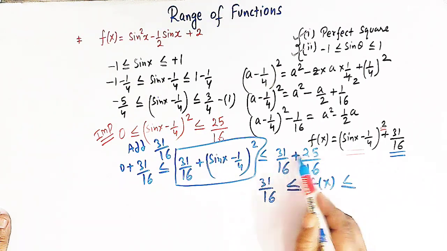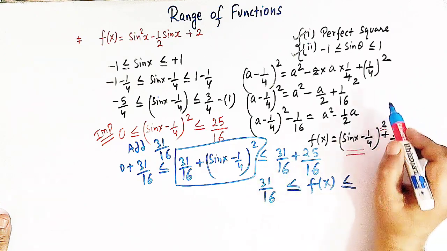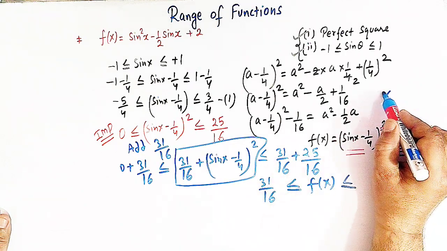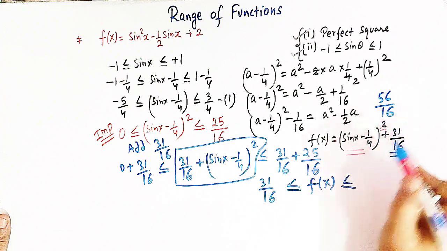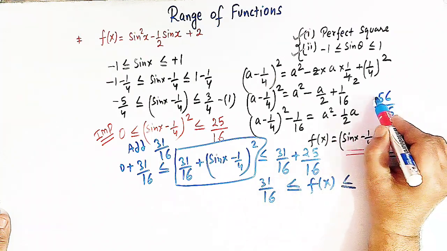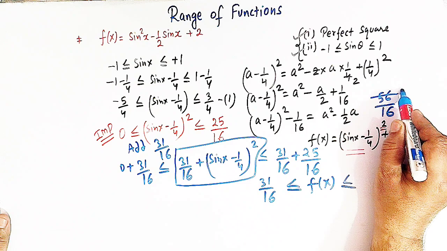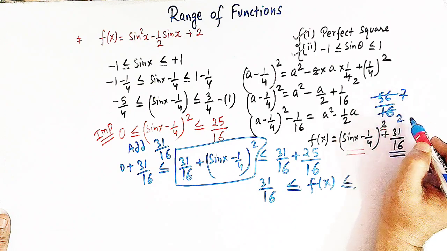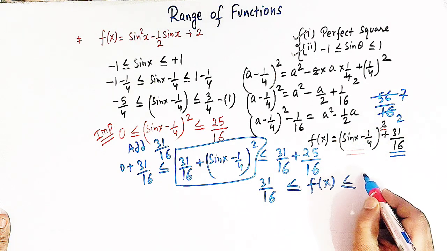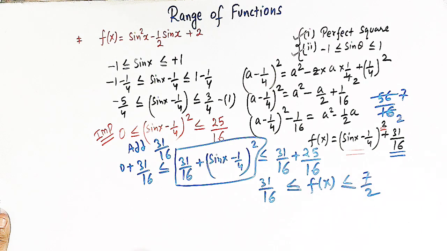The sum of these two fractions is 56 over 16, and this is 8 times 7, 56, 8 times 2, 16, so here we have 7 over 2.